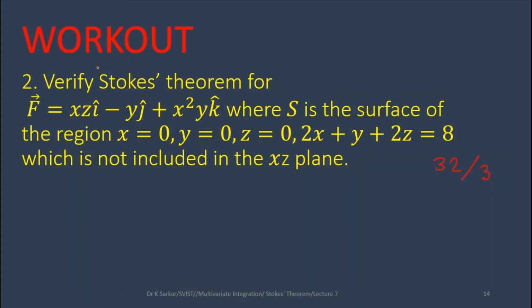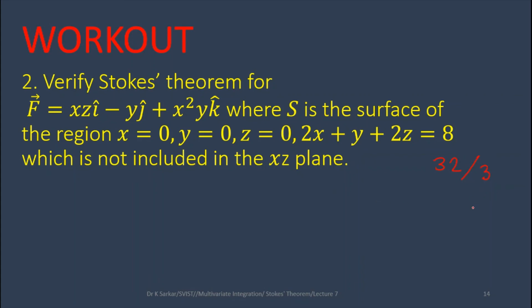Second question, verify Stokes theorem for F equals xz i minus y j plus x squared y k, where S is the surface of the region x equals 0, y equals 0, z equals 0, 2x plus y plus 2z equals 8, which is not included in the xz plane. The common value is 32 by 3.